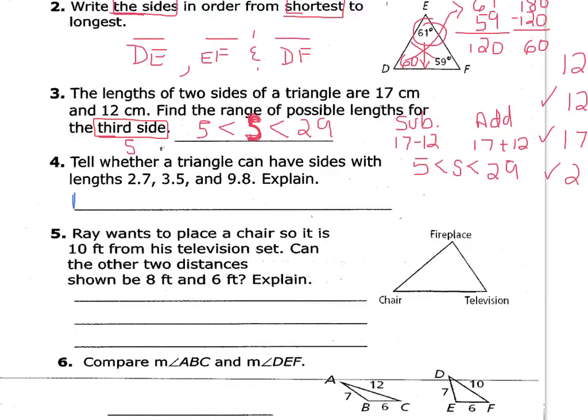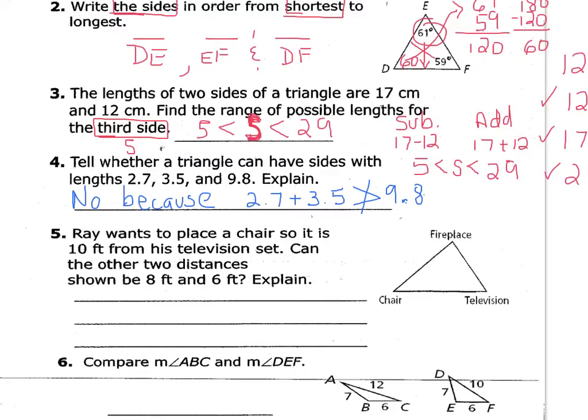I mean, 2.7 plus 3.5 is not greater than 9.8. That is right. And how do you put not greater than? The greater than symbol with a line crossing over it. This is just a mathematical way to express it. If you spell out not greater than, that would be fine.